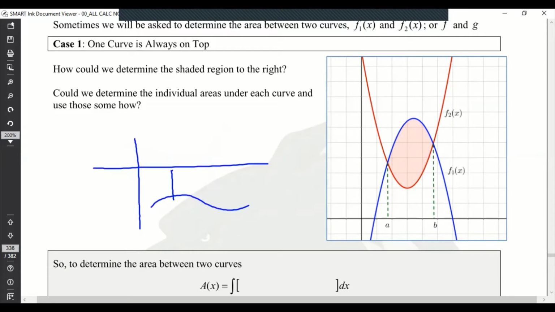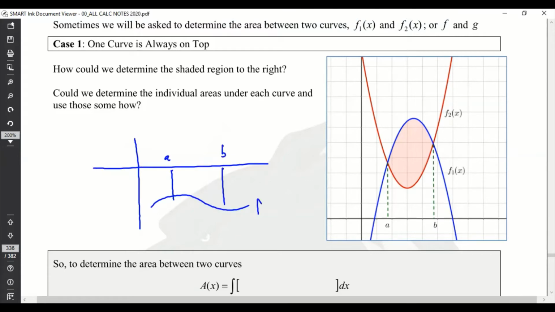And so if we started to look at this, where this was f of x, then this ended up being a negative area, and we ended up having to take the absolute value, or we ended up subtracting that negative area, or we ended up taking our limits, instead of going from a to b, from b to a, and it reversed the fact that it's negative.